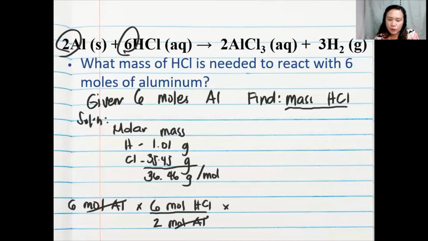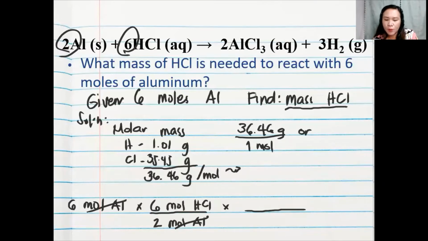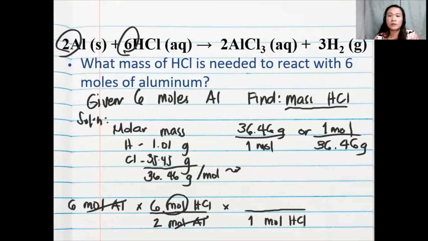Next is we are looking for the mass of HCl. And so we now put the conversion from the molar mass. So this one can be 36.46 grams per 1 mole, or 1 mole per 36.46 grams. So obviously, since we have here a mole above, we need to write now moles below, mole of HCl, so that it will cancel.